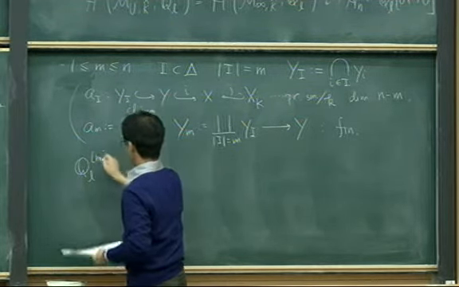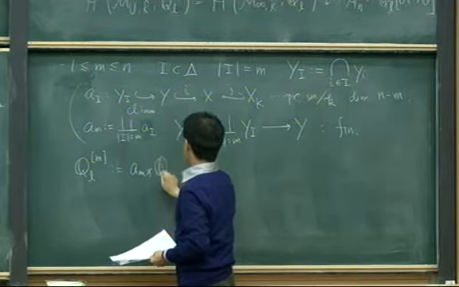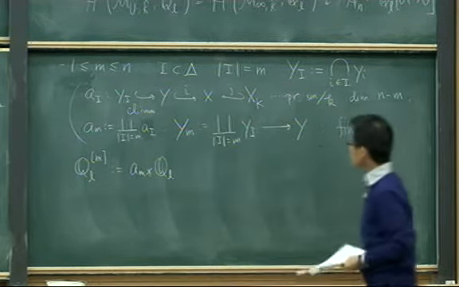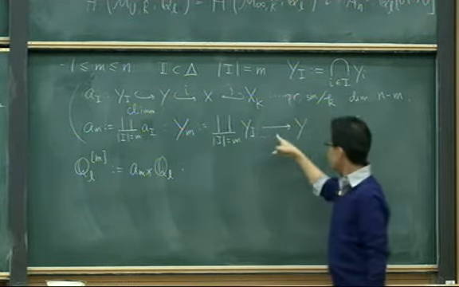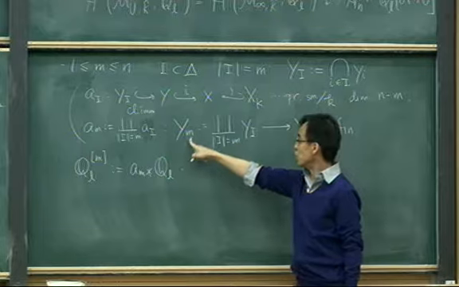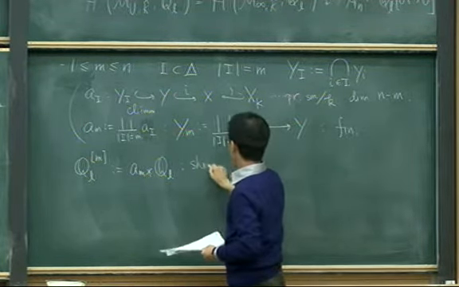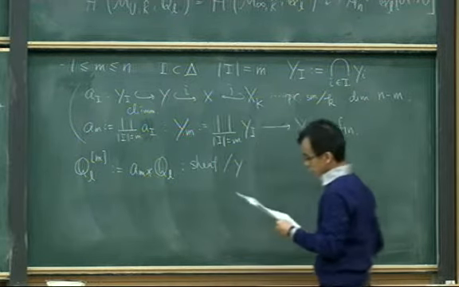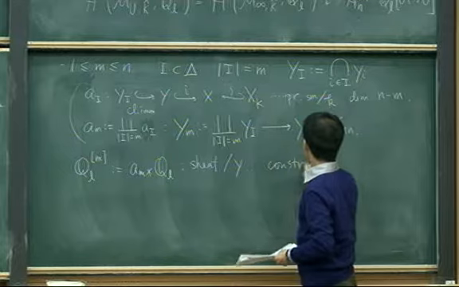I denote by QL bracket m the sheaf on Y, which is the push forward of the constant sheaf on Y_m by this finite morphism. This is a sheaf on Y. This is constructible.